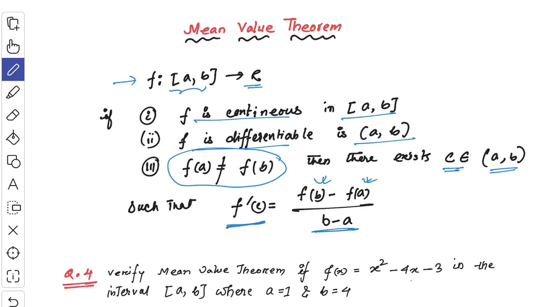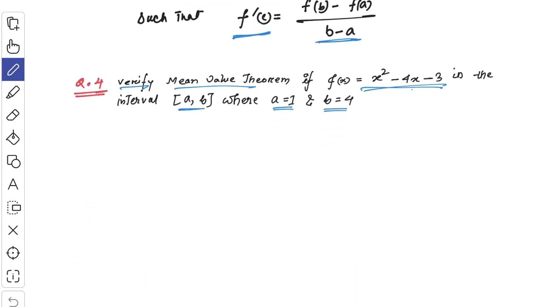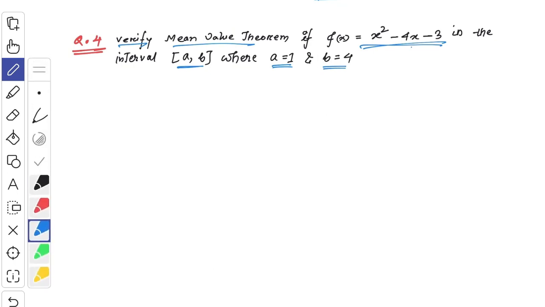So now we are going to verify this in question number 4. Verify mean value theorem. This function is given here, and domain is given a to b, where a is equal to 1, b is equal to 4. So let me show you how to solve this problem. So first let me make it bold.